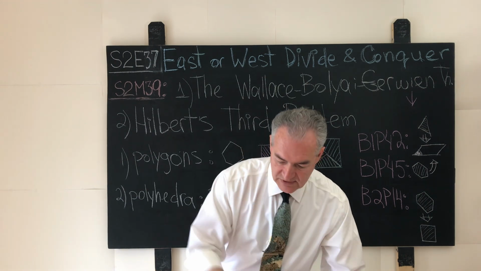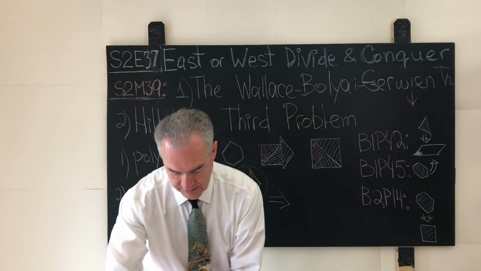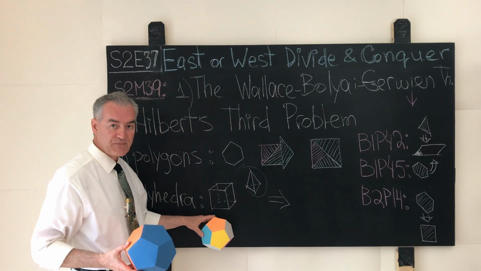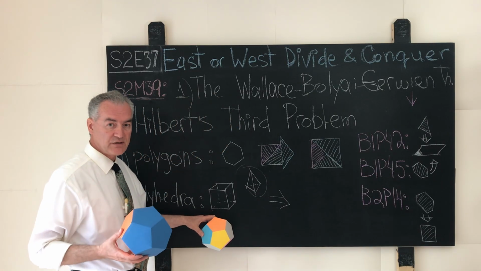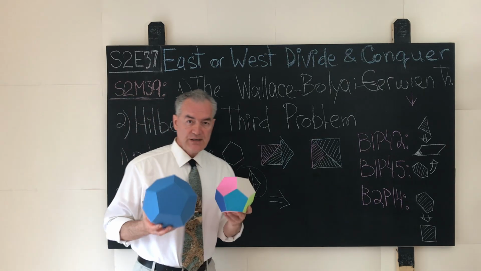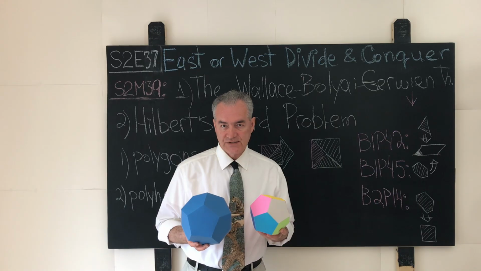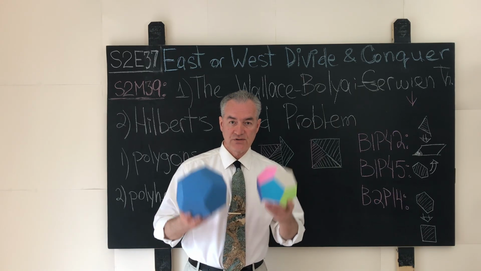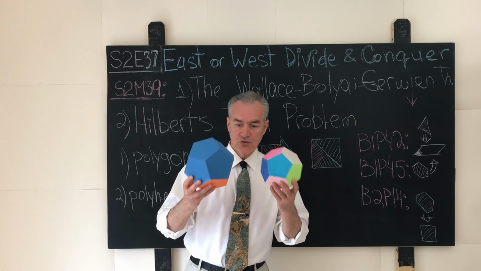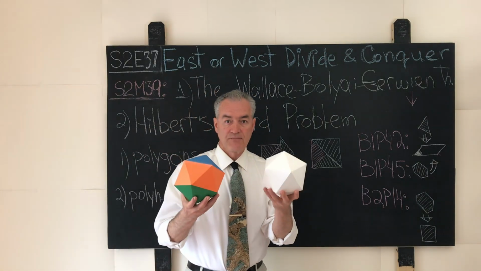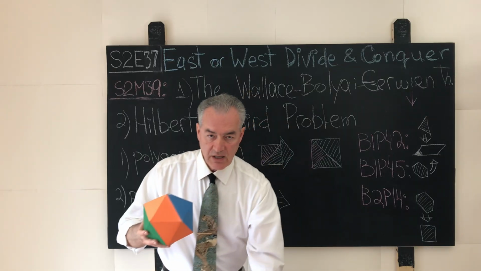Obviously there is way more grown-up mathematics that goes along with polyhedrons in general and regular polyhedrons in particular. For example, here in season 1 we discussed briefly such regular polyhedrons as the regular dodecahedron, and over here the regular icosahedron.